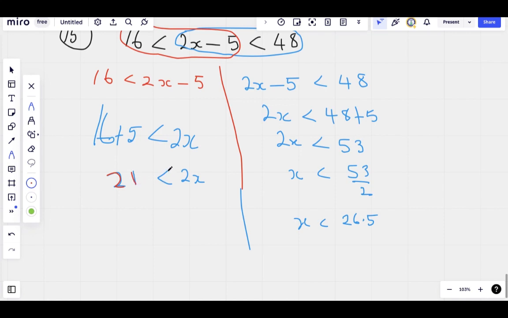We divide both sides by 2 in order to find our x. Dividing 21 by 2, you get 10.5.